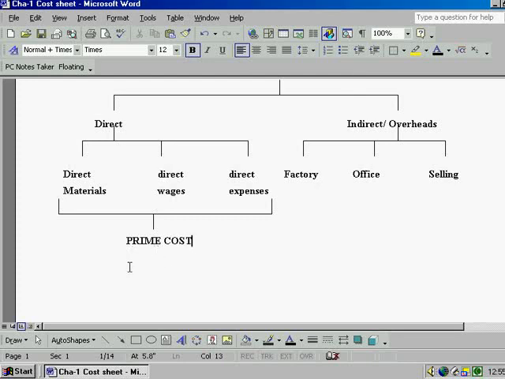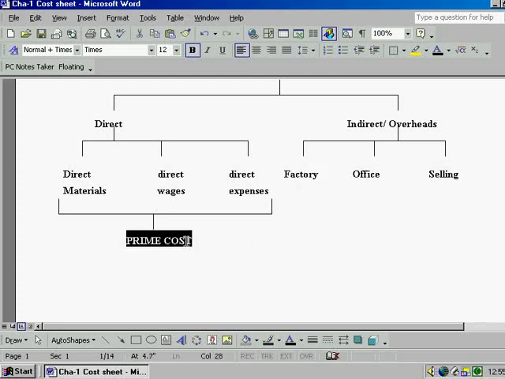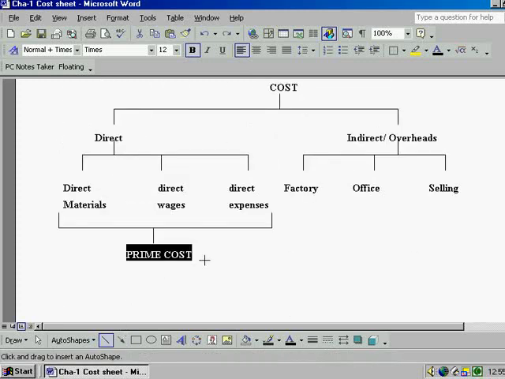Now tell me, after this, in the cost sheet, what expense should be taken out of this indirect? There are three indirect, right? Tell me, which should be added first to prime cost? Factory. So to prime cost you add factory overheads.